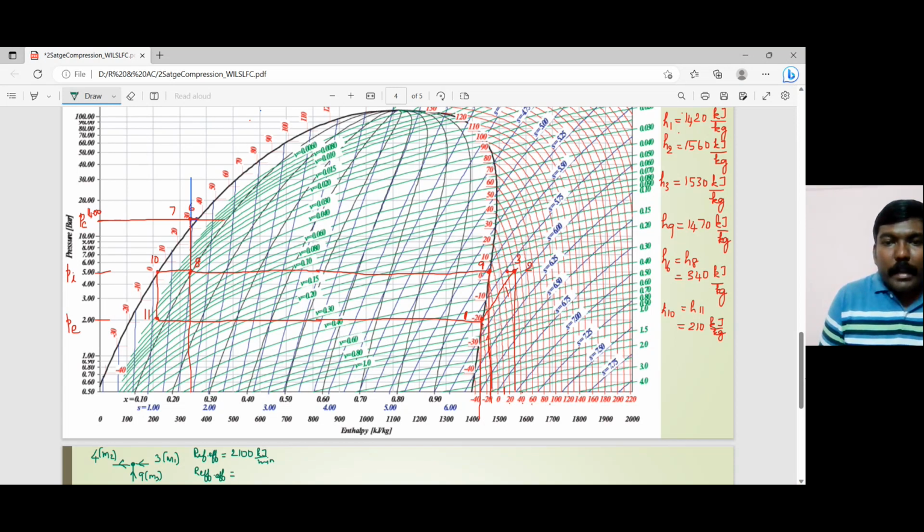It is H1 minus H11. H1 is 1420, H11 is 210. So it is 1210 kilojoule per kilogram.